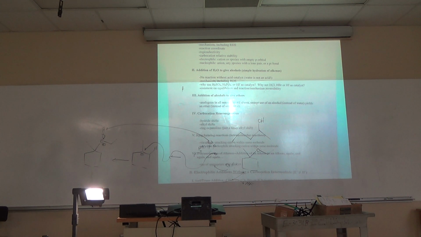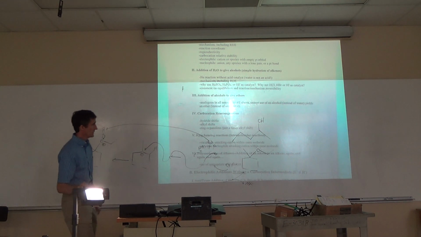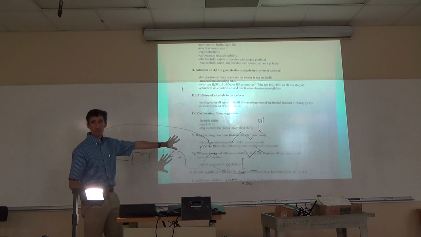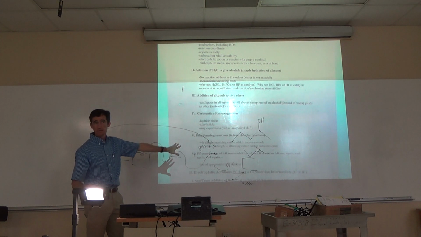You don't need to memorize that. If you ever get asked that, you can just do the reaction and say, you know what, it is an ether. You get products by your mechanism. Everybody good here? Got to think mechanistically.